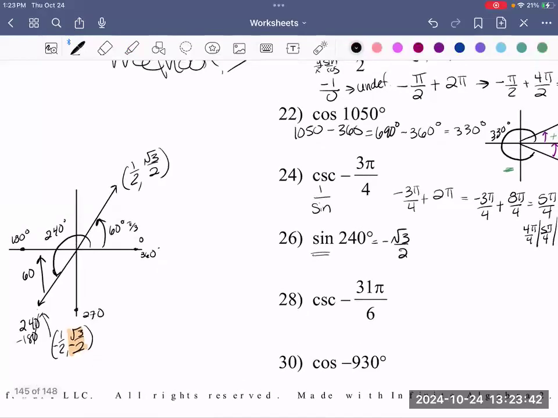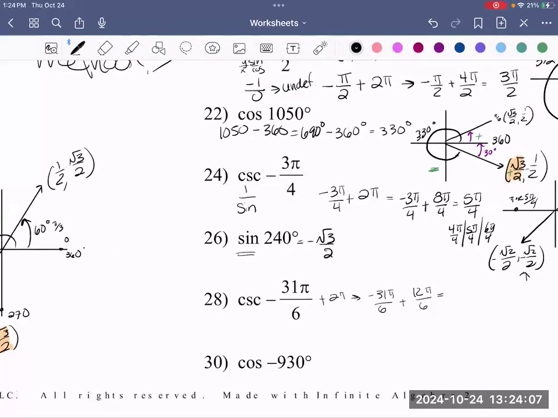Let's try it again for the remaining. Again, notice that you have a negative amount. So if we're trying to apply your new rule, we want to add 2 pi here. So negative 31 pi over 6 plus 12 pi over 6. So 12 minus 31 is 19 pi.